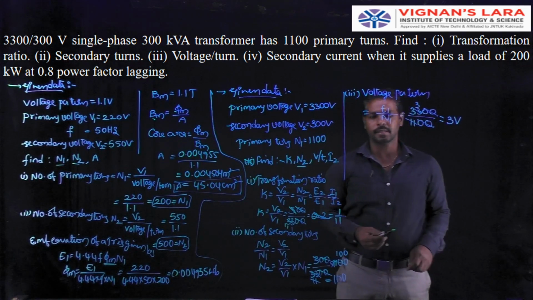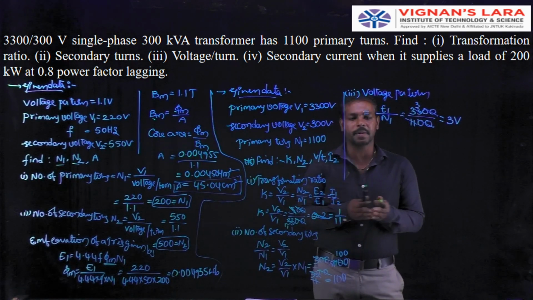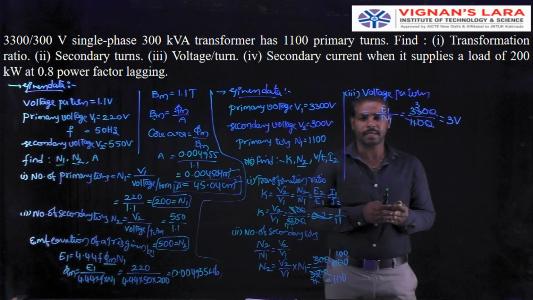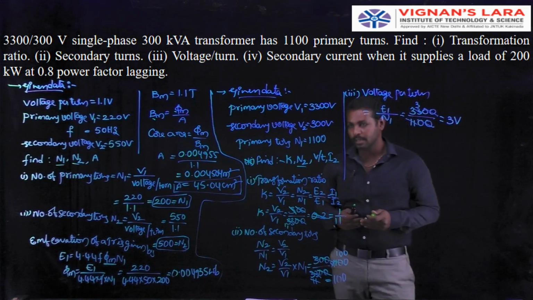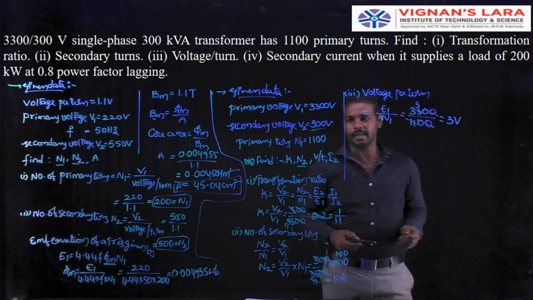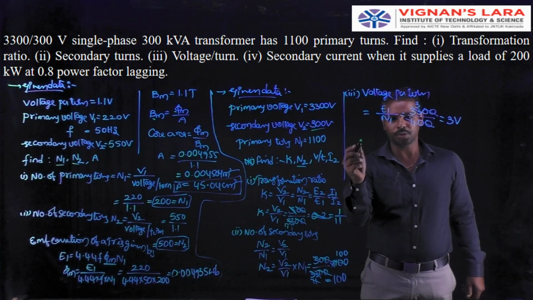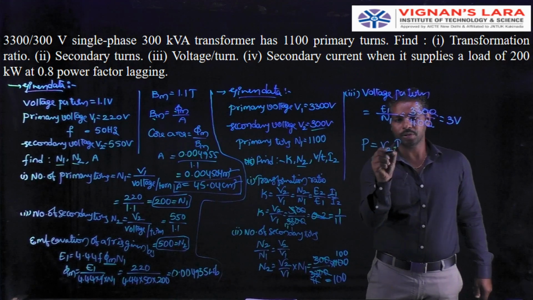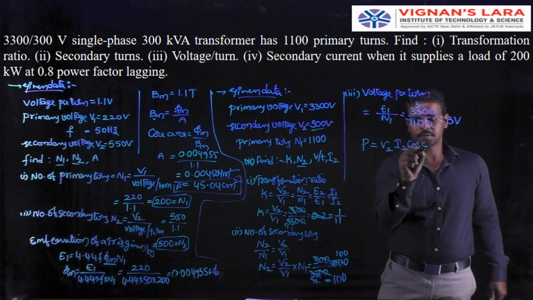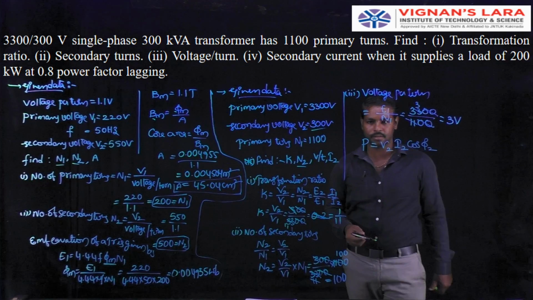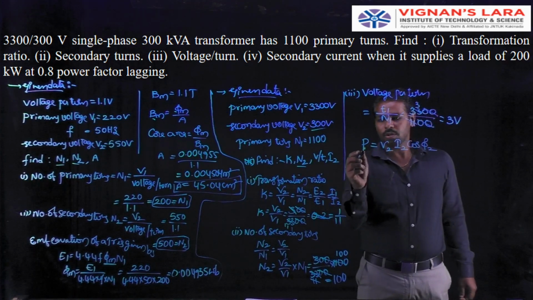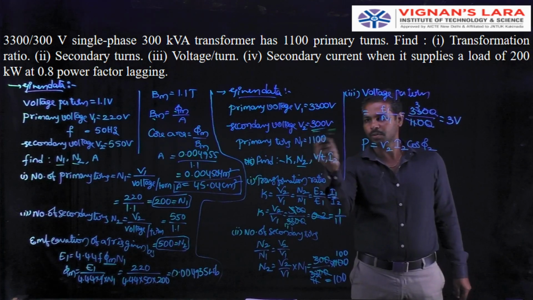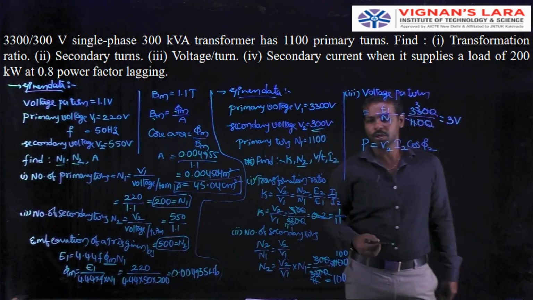The fourth one is the secondary current when it supplies a load of 200 kilowatts at 0.8 power factor lagging. Secondary current is always calculated across the secondary side. So P2, or power output, is equal to V2 into I2 into cos phi 2, where phi 2 is the load power factor. In this equation, P is equal to 200 kilowatts, V2 is equal to 300, cos phi 2 is equal to 0.8.